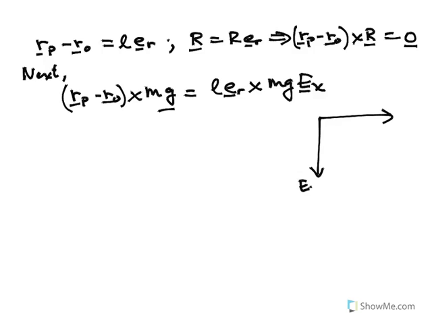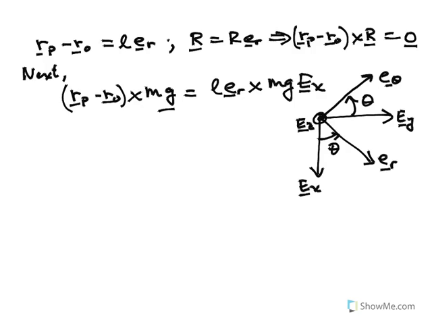We've got EX, EY, and then EZ, and then we have ER, and we have E theta, and this angle is theta, that angle is theta. So therefore, EX is equal to cosine of theta times ER minus the sine of theta times E theta.